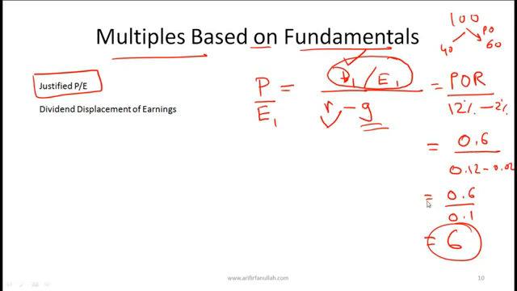How can we use this? Let's say our justified PE is 6, but in the market, given the actual market price divided by expected earnings, that is equal to 5.